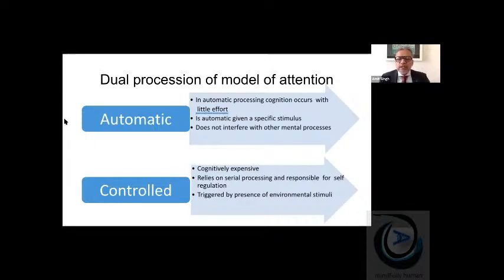It is serial processing and triggered by the presence of environmental stimuli. So if we are doing a mental maths problem, the more difficult it becomes, the slower we become in our physical ability and cognitive ability because we are focusing our attention on that mathematical sum.